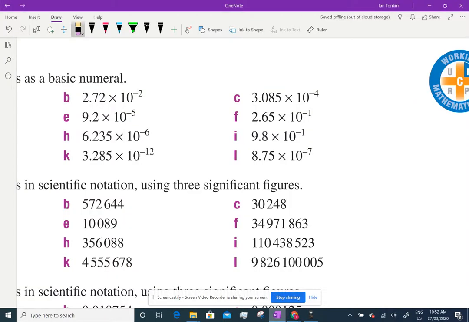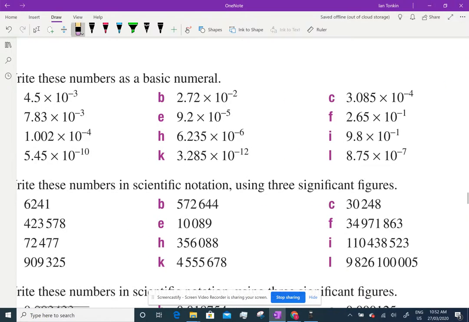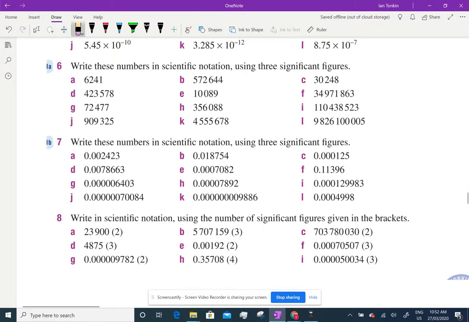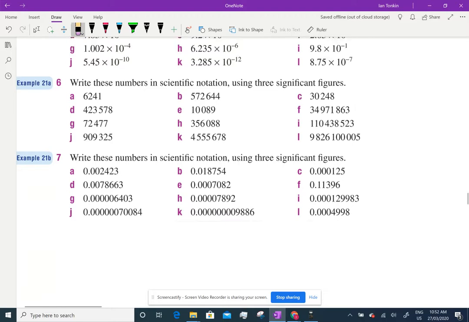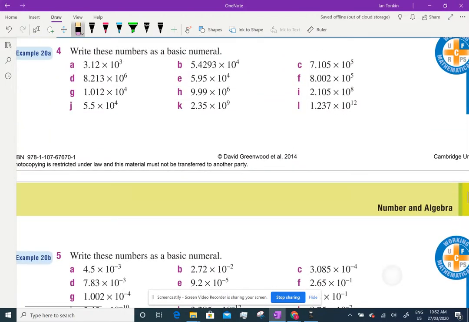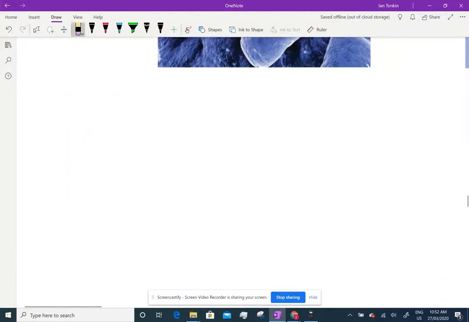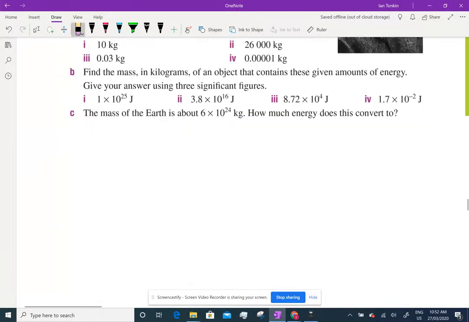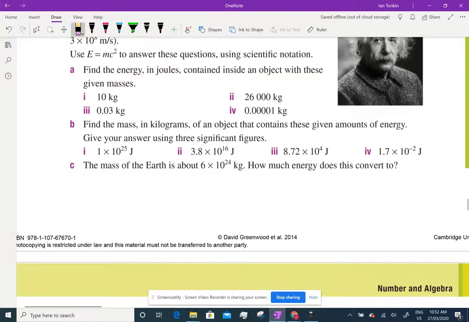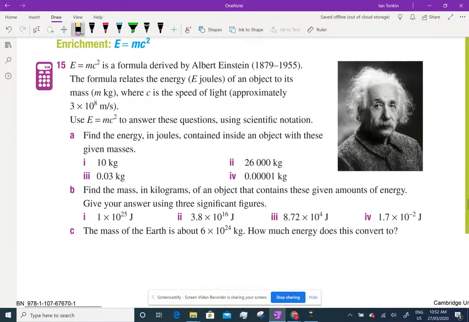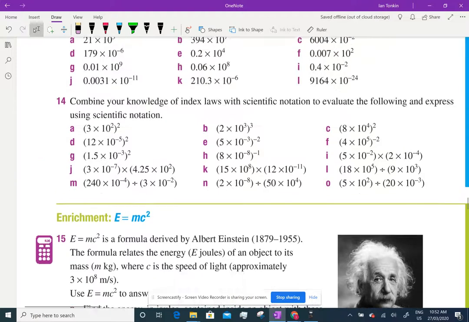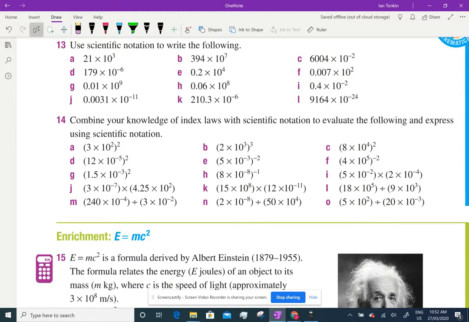So again, when we go back here, and we find a number with a 0 at the end, I don't think we'll find any. Now these have zeros at the end, but they're not after the decimal point. None of those have.